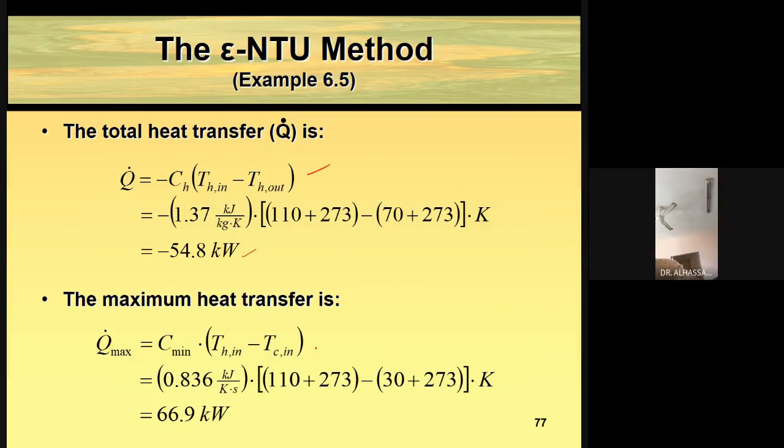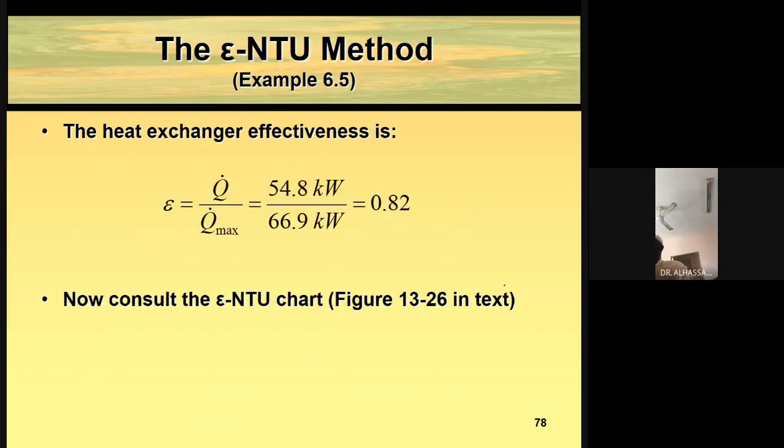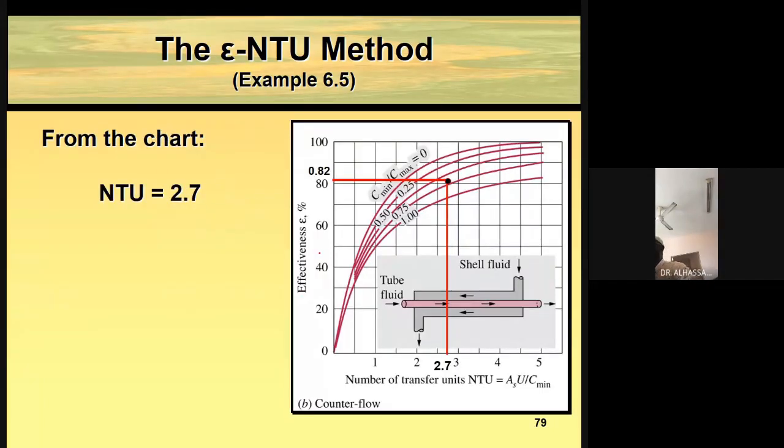So now our Q maximum is given by this, because we are going to find the effectiveness. Effectiveness equals Q divided by Q maximum. So we need to determine our Q maximum as well. So now the NTU can be determined using a graph.